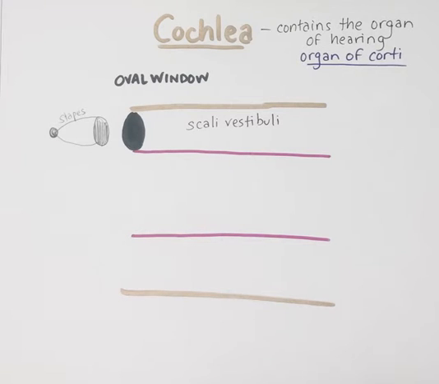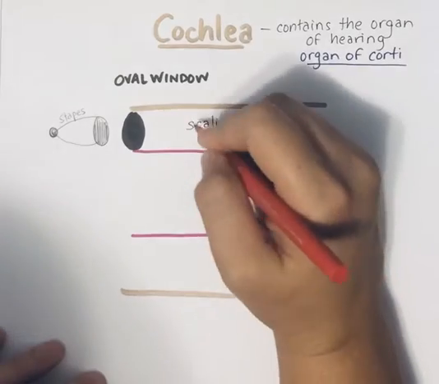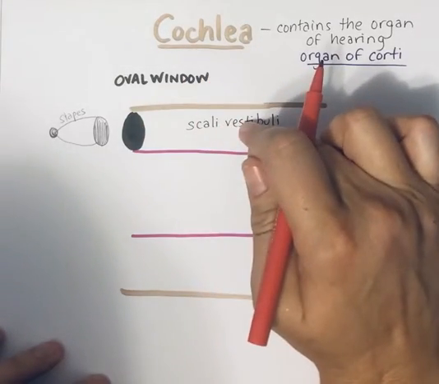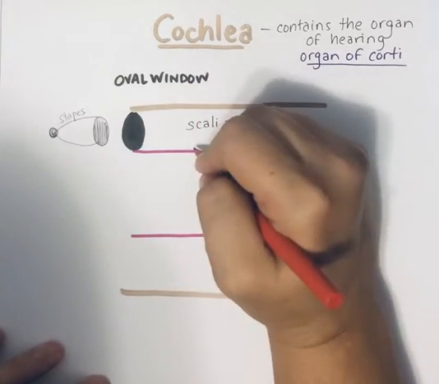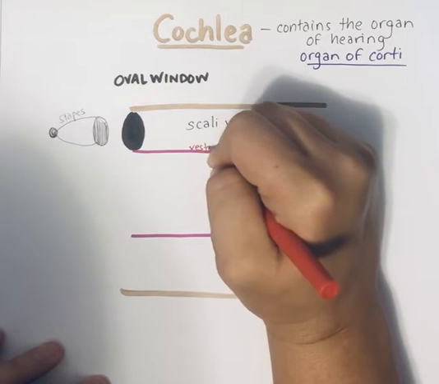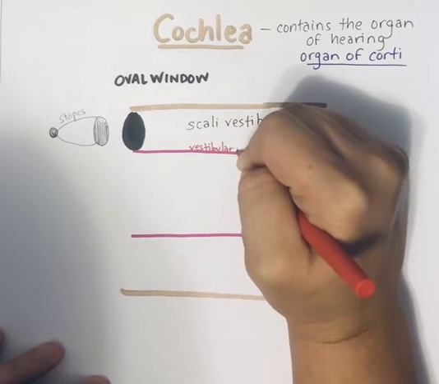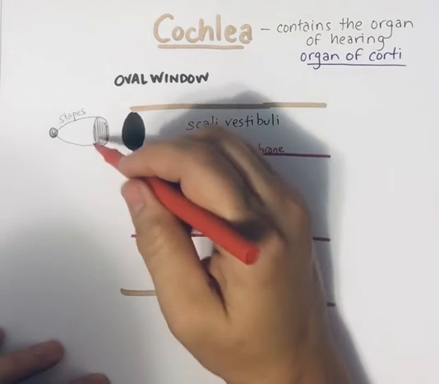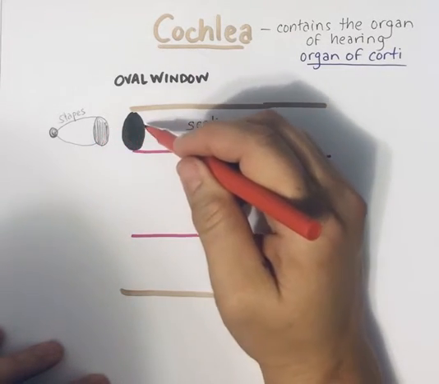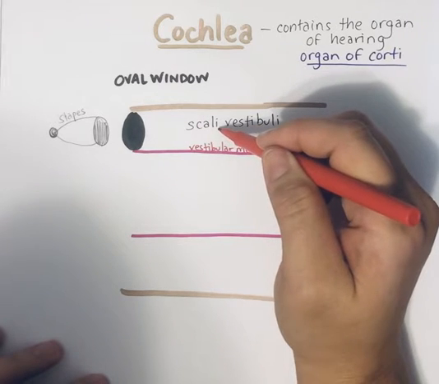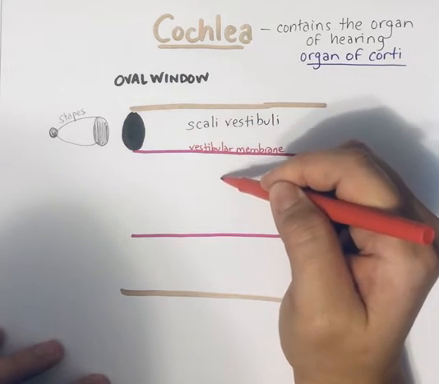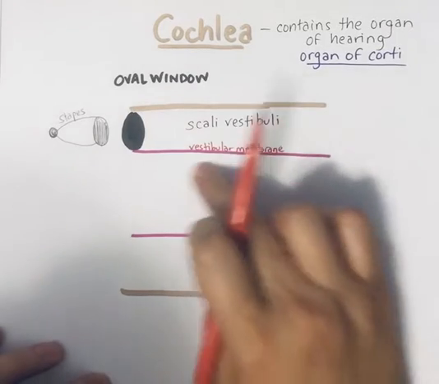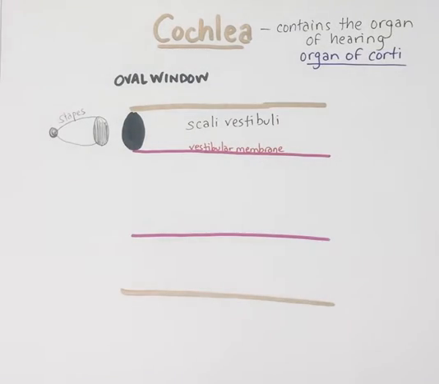Now, vibrations are going to vibrate the perilymph, which is going to vibrate the vestibular membrane, which is here. So the vibrations literally travel from the stapes through the oval window into the scala vestibule, through the basilar membrane, into what we call the cochlear duct.